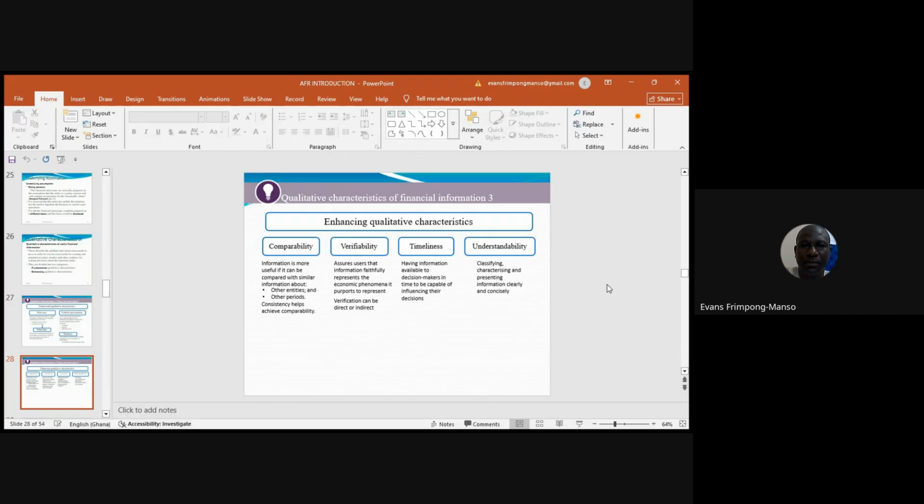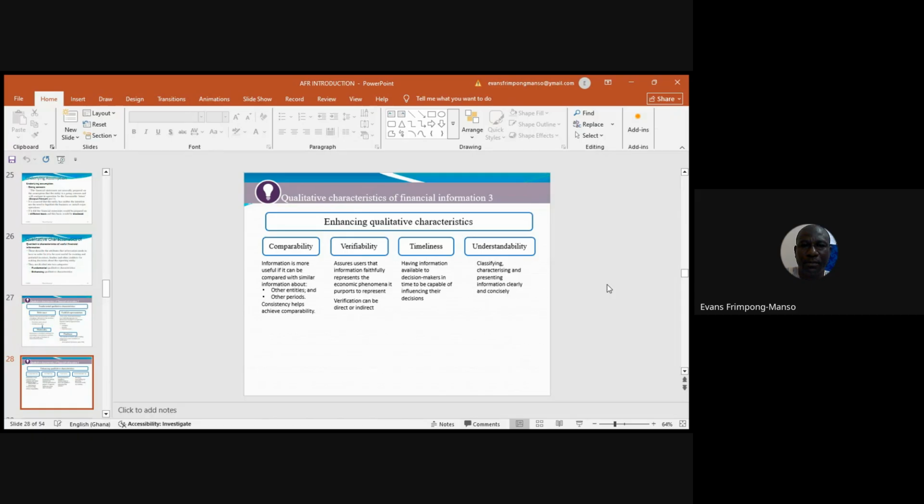When you say comparability, information is more useful if it can be compared with similar information about other entities and about other periods. So comparability brings in consistency, because where there's no consistency, there'll be no comparability. Then verifiable: the information you have used in preparing the financial statement should be information you can verify from records.